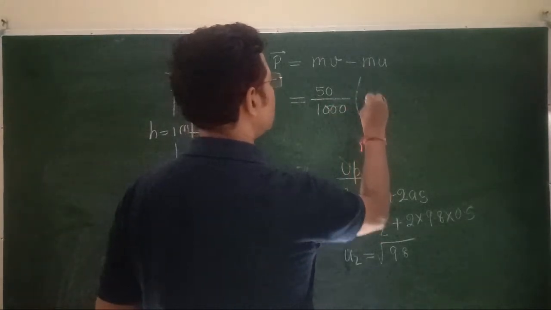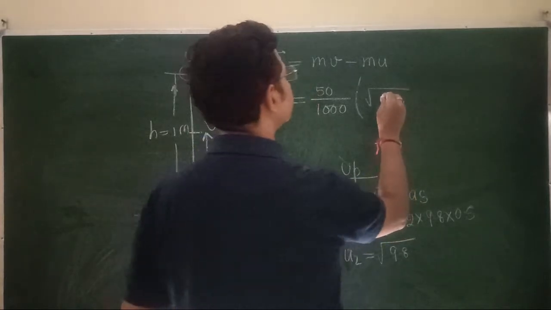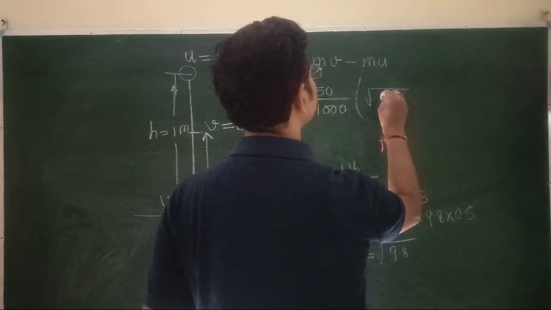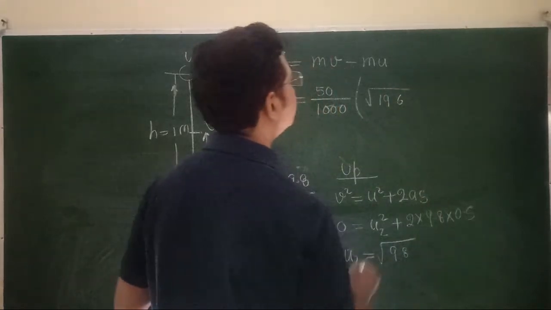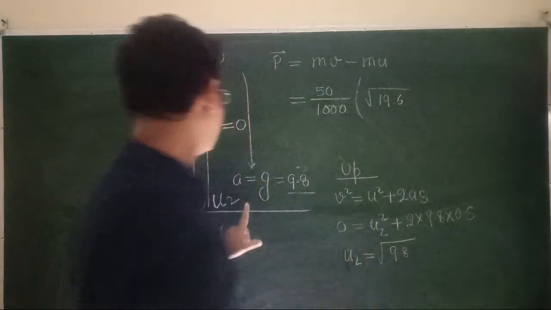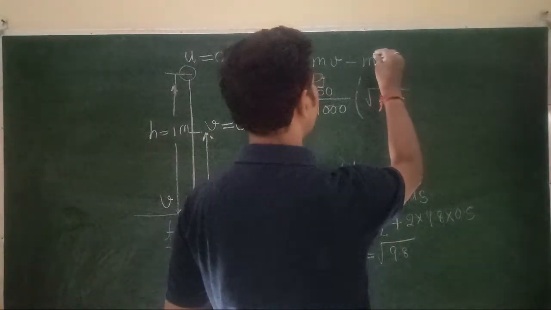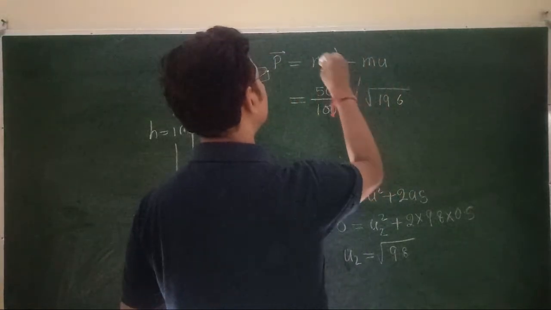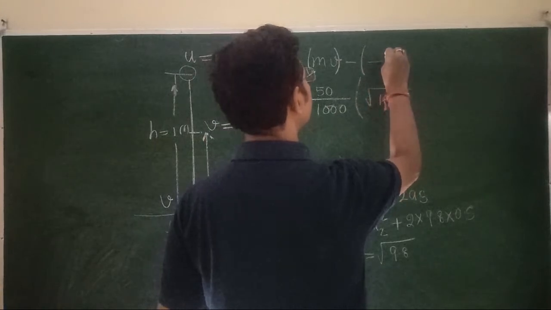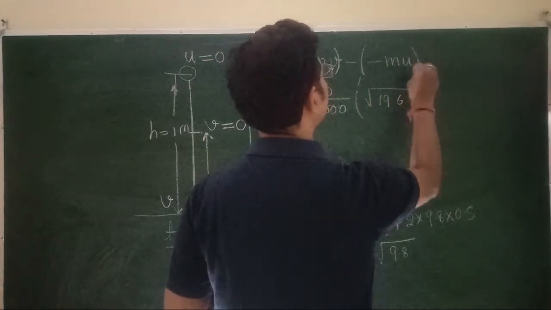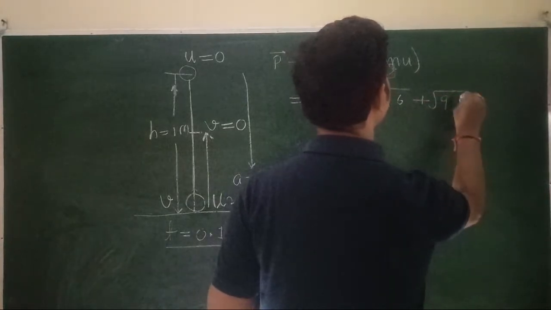Velocity is here under root 19.6, and this is in opposite direction. So minus or minus. This is mv, and I am writing here minus mu. This becomes what? Plus 9.8.